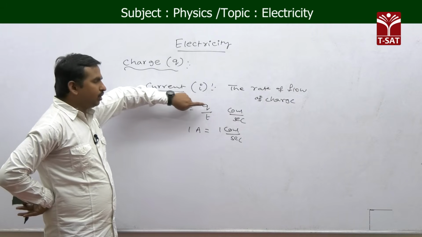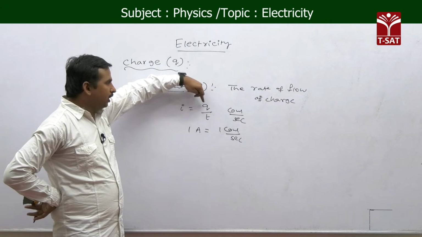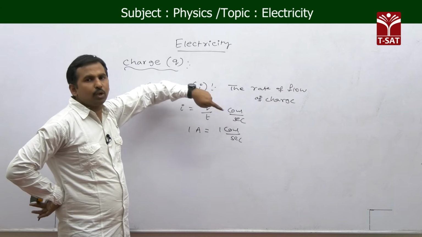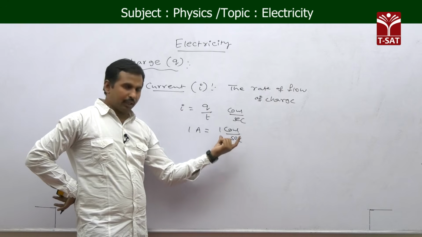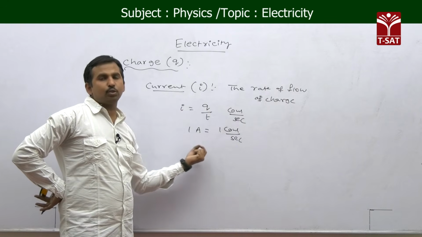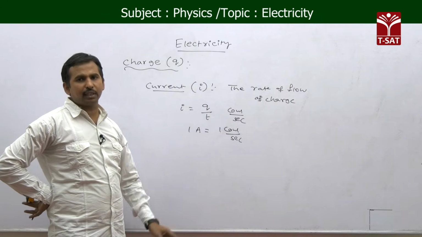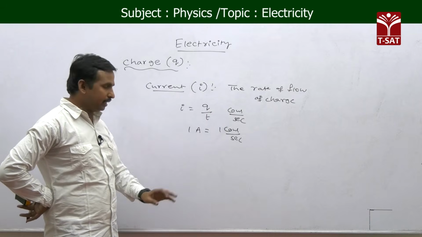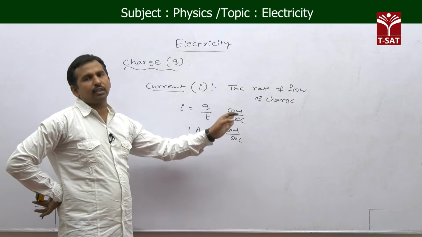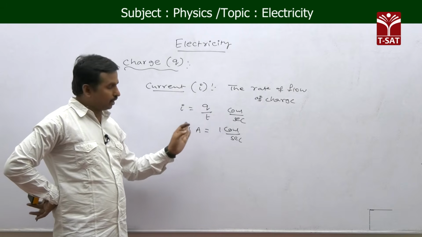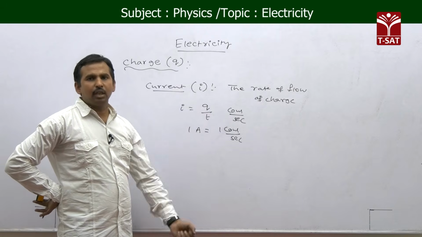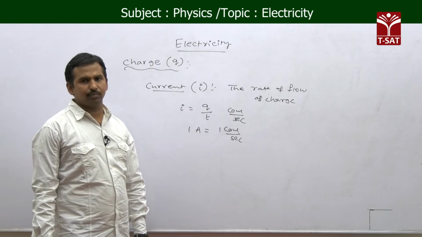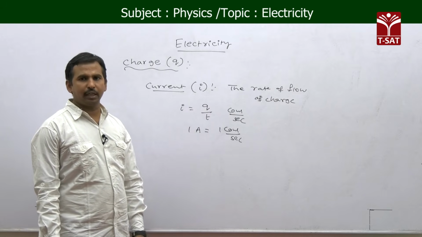If the charge passing through the conductor is 1 coulomb, and the time taken to pass through is 1 second, then the current in that circuit is 1 ampere. That is the SI unit of current.